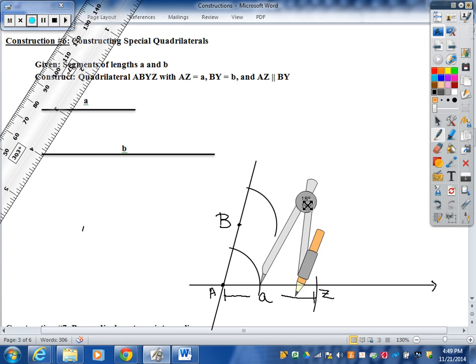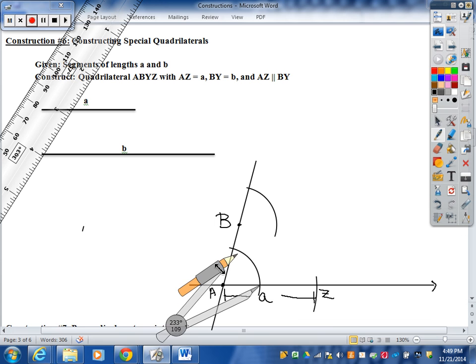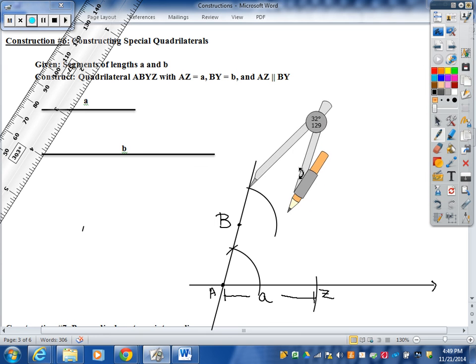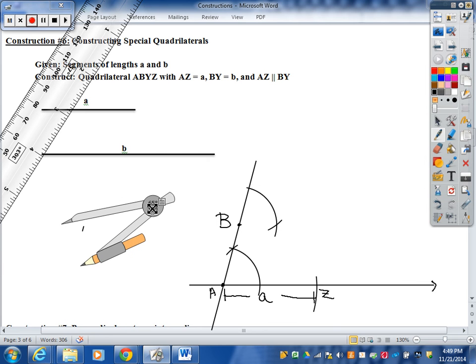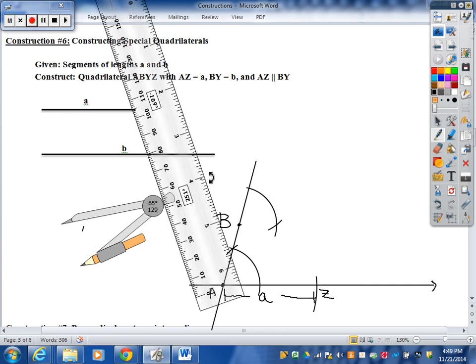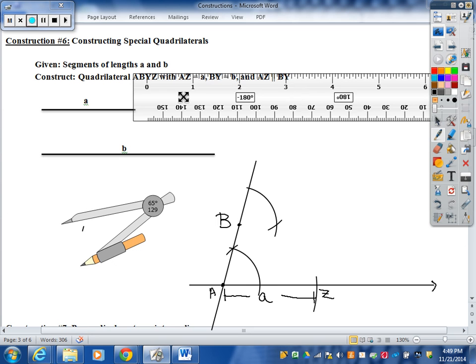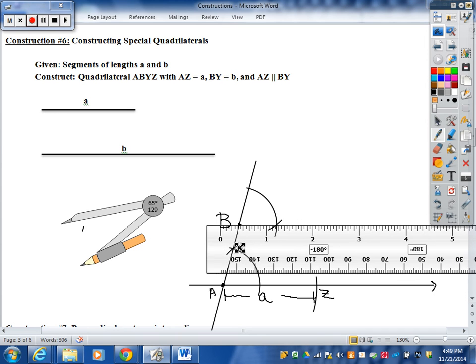We need the width of the angle, the distance from one side of the angle to the other side. So I show that mark there, that is that length, and you bring it up and do it over here. If I connect point B to the intersecting arcs, that should produce a line that's parallel to AZ.